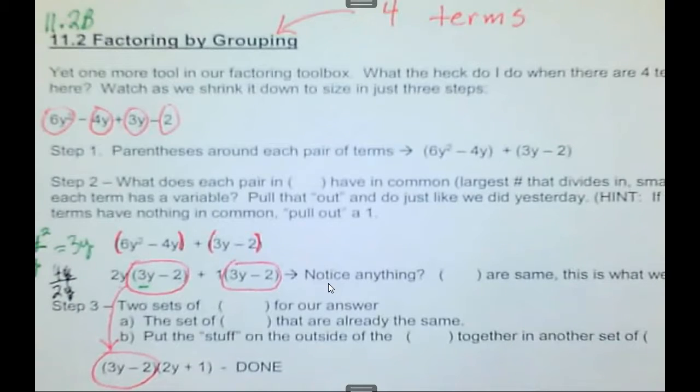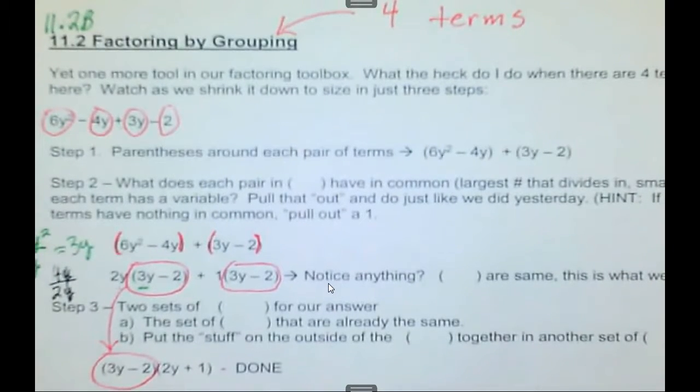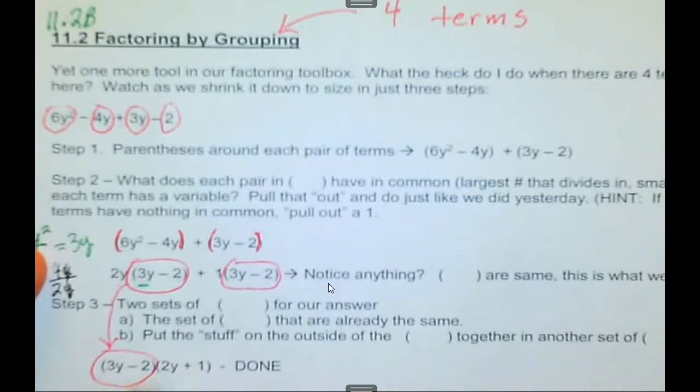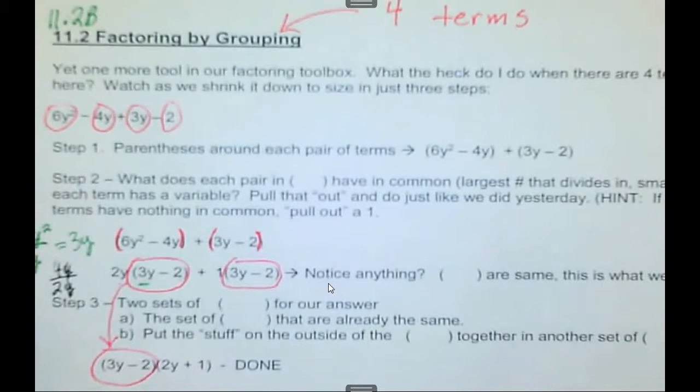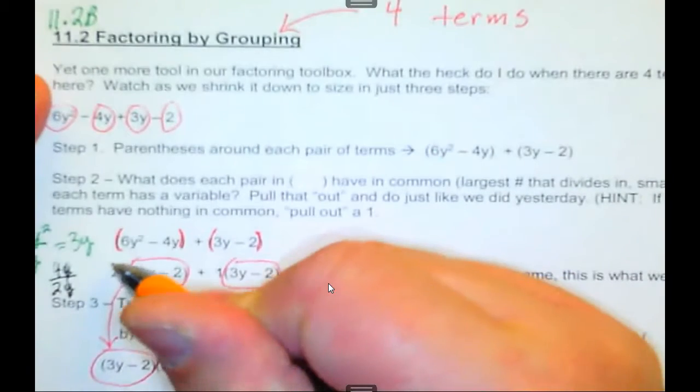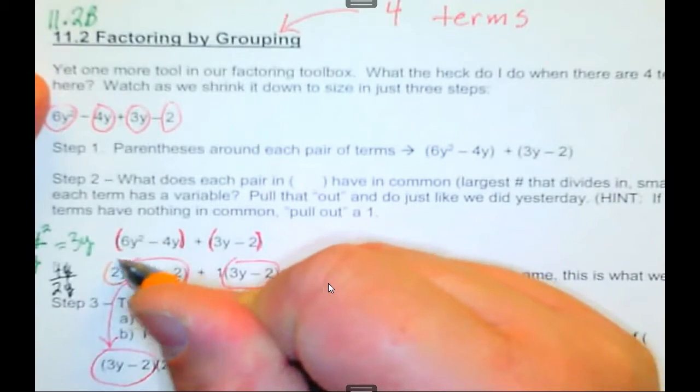Okay. Now, factors are multiplied to get a product, right? So we're going to end up multiplying these two factors together. My other factor comes from my greatest common factors that I pulled out.